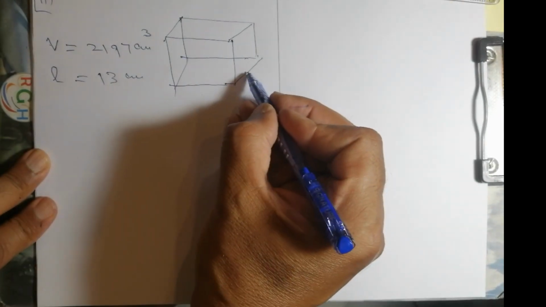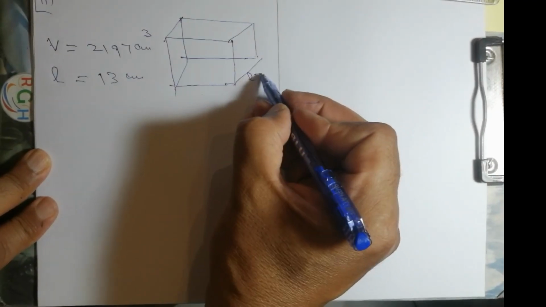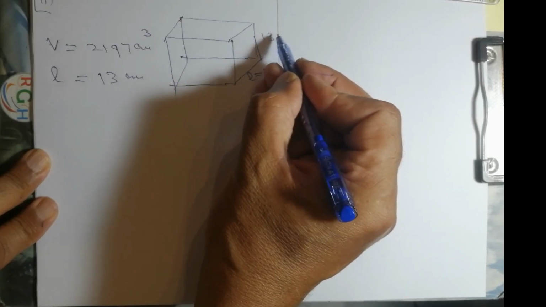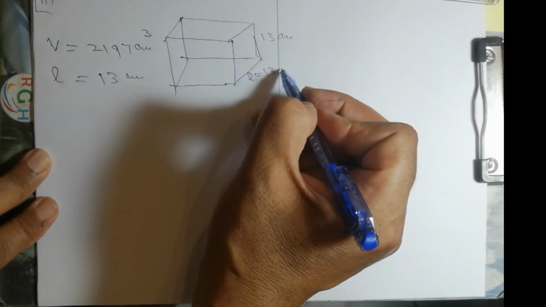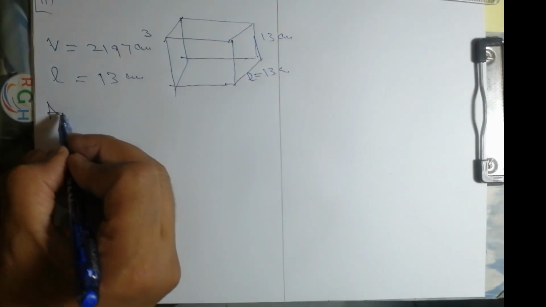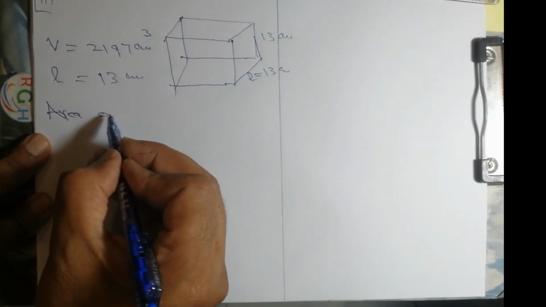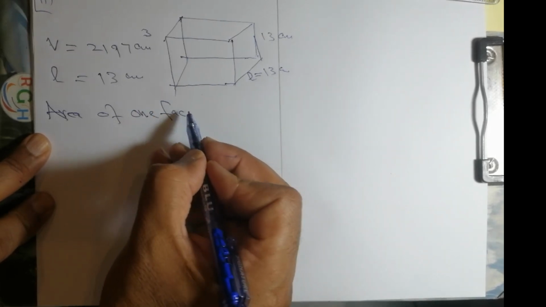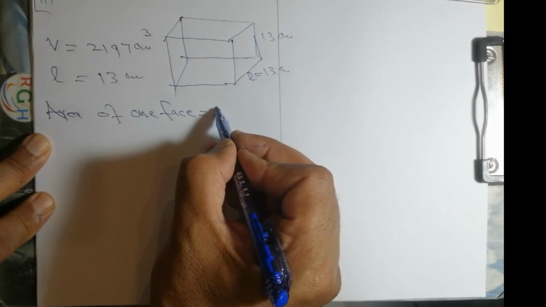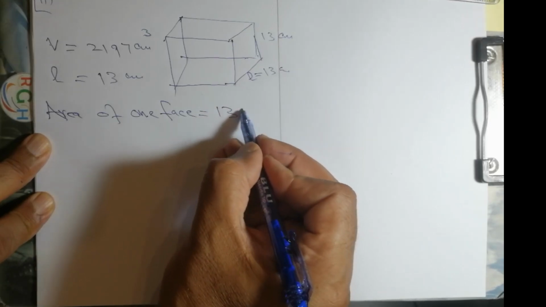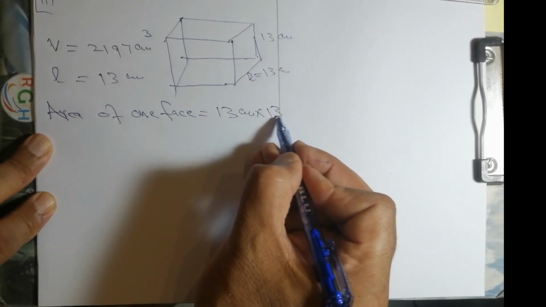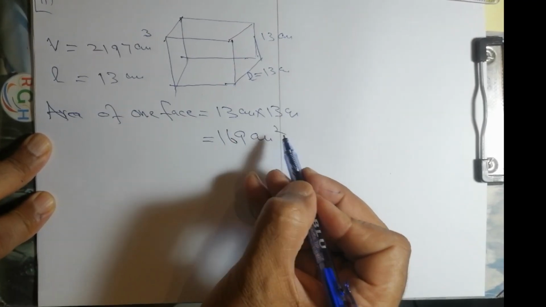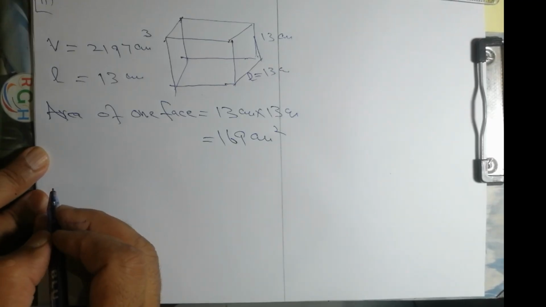Suppose L equals 13, and this will also be 13 centimeter. So area of one face is L into L, that is 13 centimeter into 13 centimeter, equal to 169 centimeter square. So this is the answer of this question.